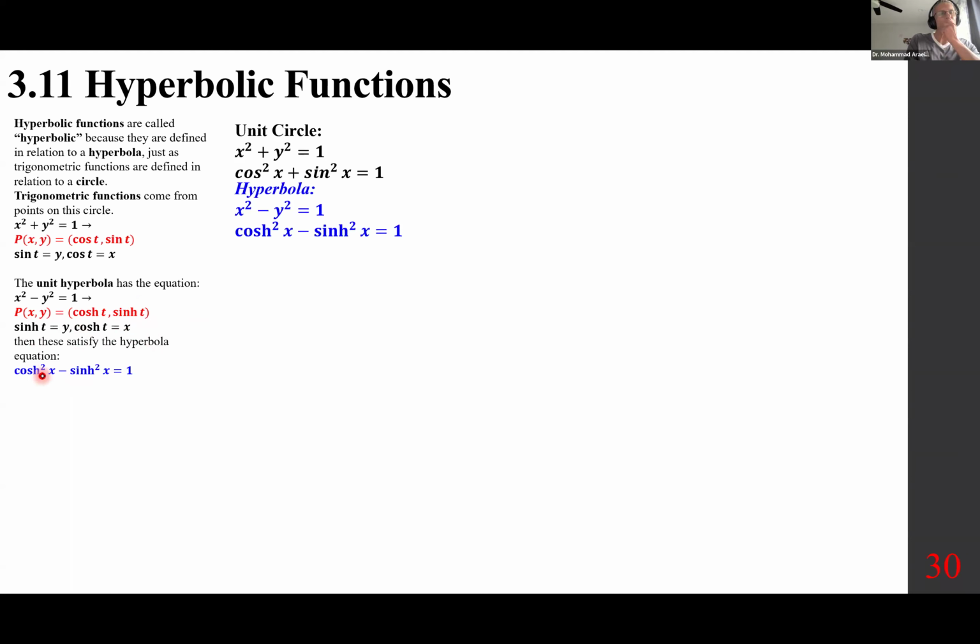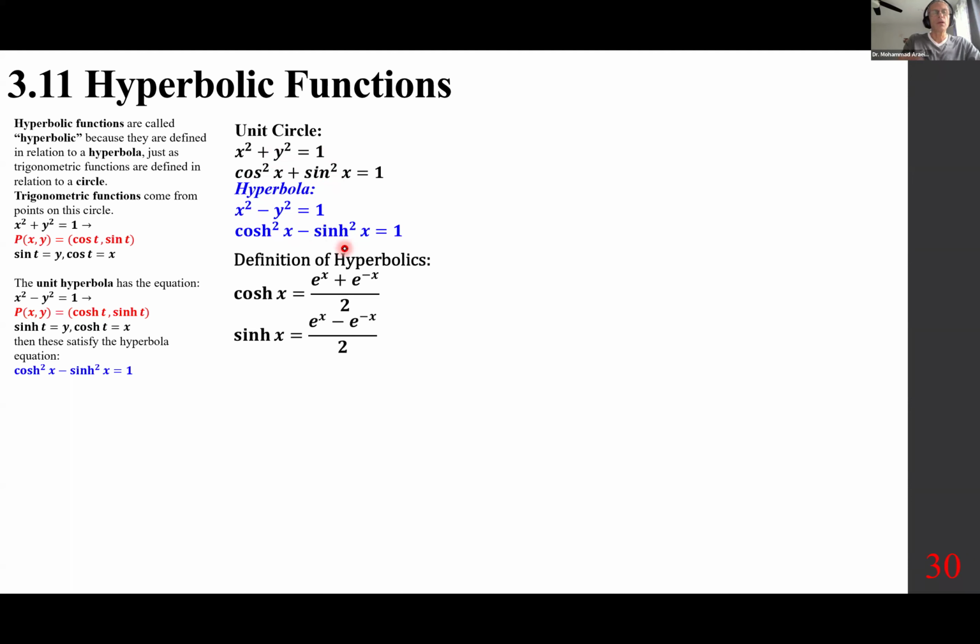In other words, trigonometric functions are on the unit circle, x squared plus y squared equals 1. We know cosine squared plus sine squared equals 1. In the case of hyperbolas, x squared minus y squared equals 1 represents a hyperbola known as a unit hyperbola. Cosh squared minus sinh squared equals 1.